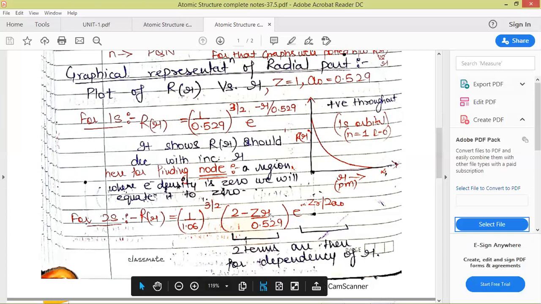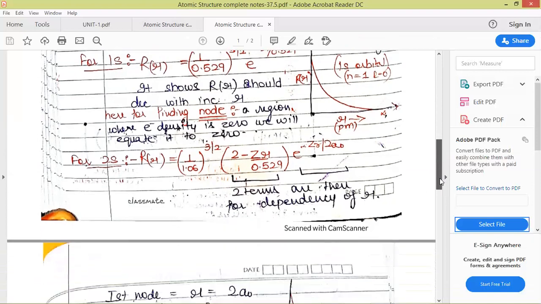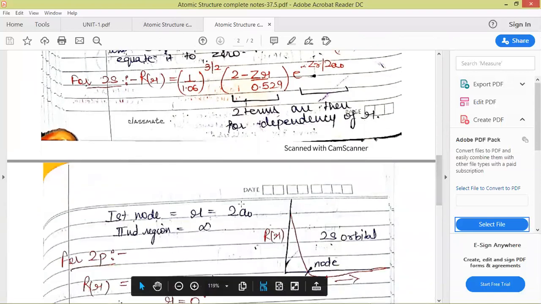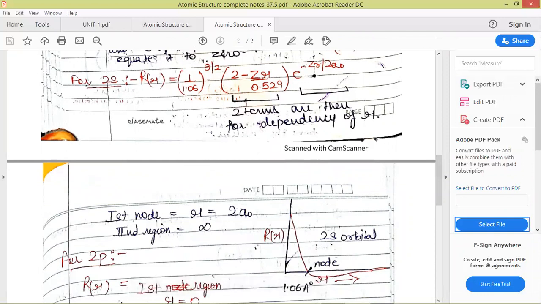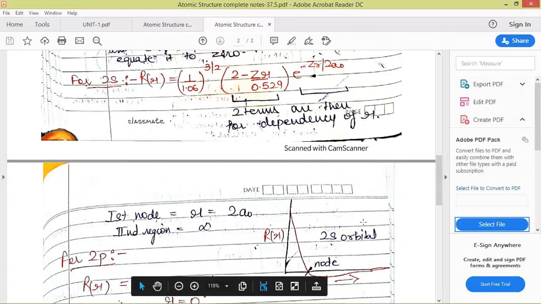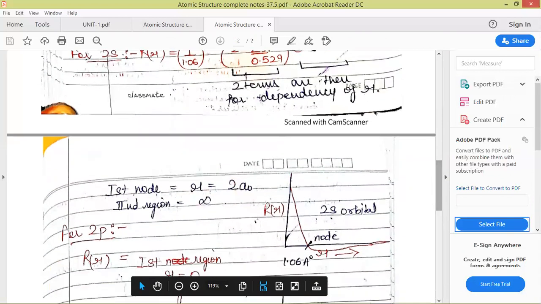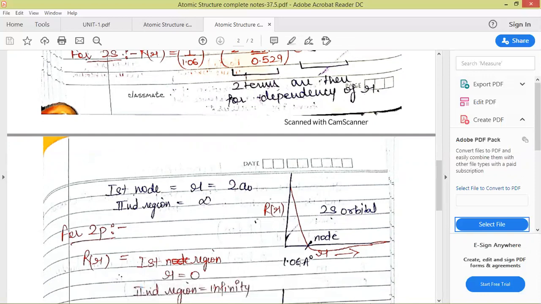If this term is 0, then the value of r comes out to be 2a naught. That is, the first node will be present at 2 multiplied by the radius of the first Bohr orbit. If the radius of the first Bohr orbit is 0.529, then it is 1.058, or we can say 1.06 angstrom.